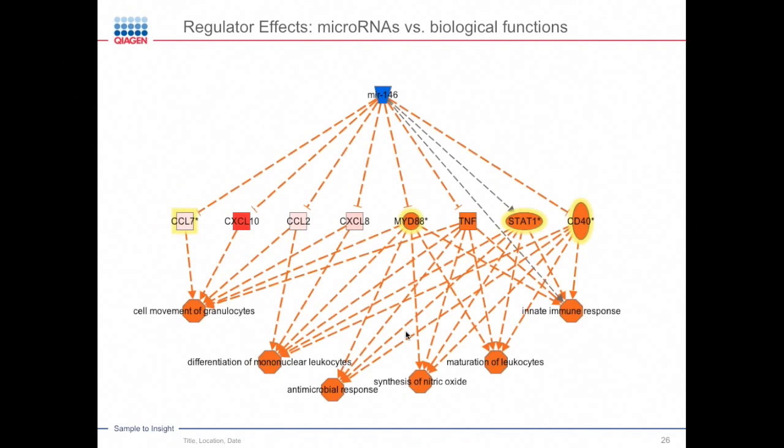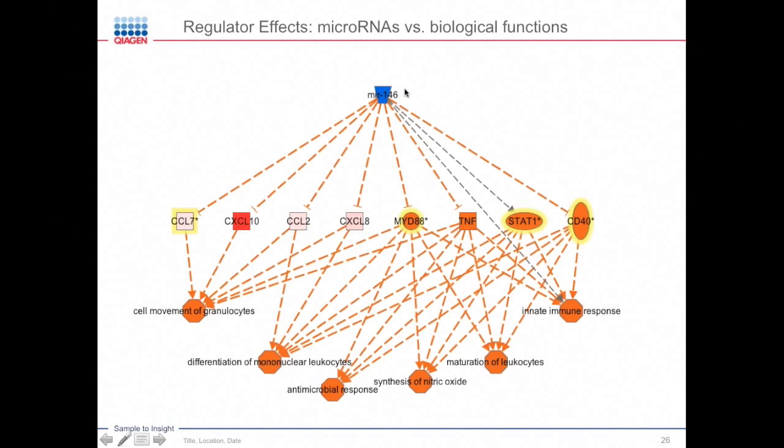You can also put other types of networks together. You can change the algorithm and run it again, which is what we did here. So now we're saying only show us microRNAs and their connection to any biological function. And you can see how this is, again, the blue predicting that miR-146 may be inactivated or downregulated in the data set.